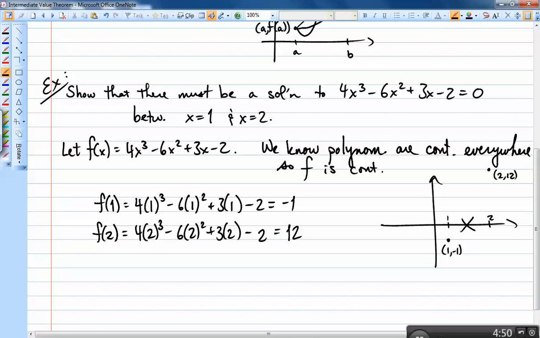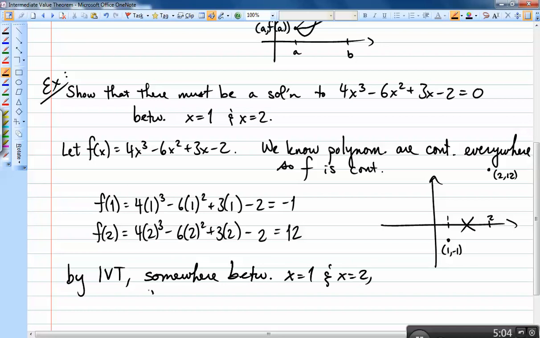So that means somewhere, by the intermediate value theorem, somewhere between x equals 1 and x equals 2, f of x must have a value of 0.